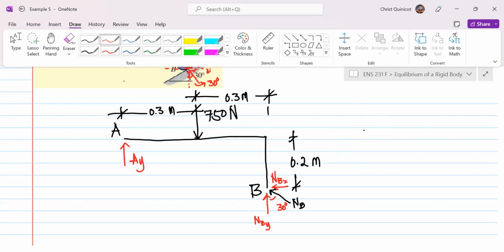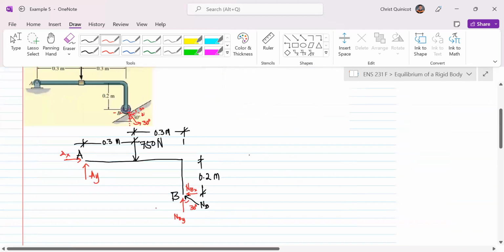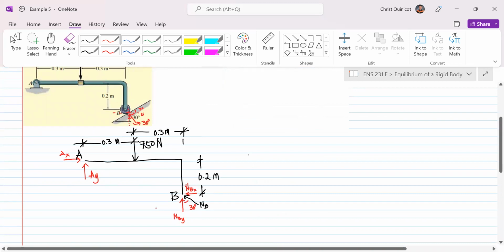To counteract that, in order for our structure to be in equilibrium, we have A sub X to the left.